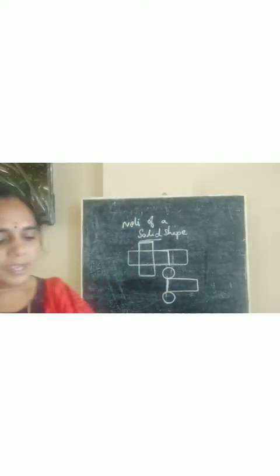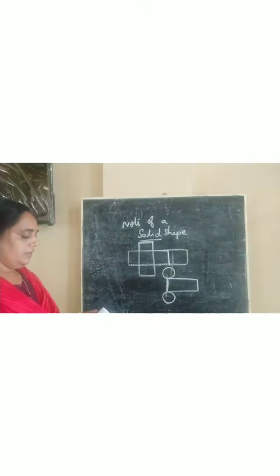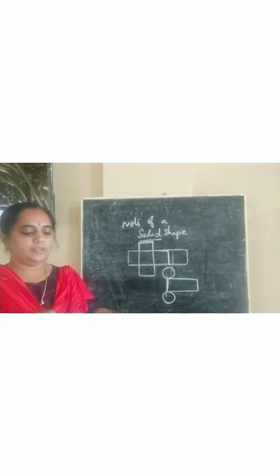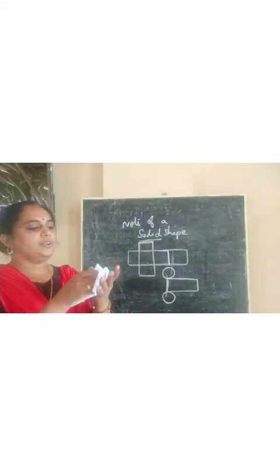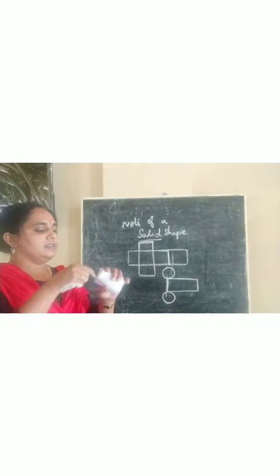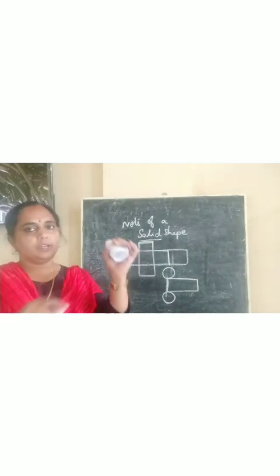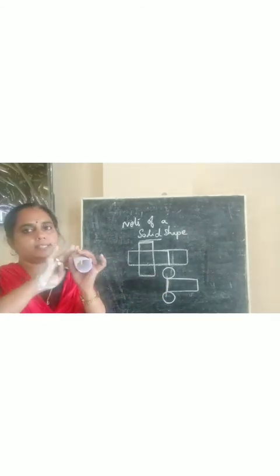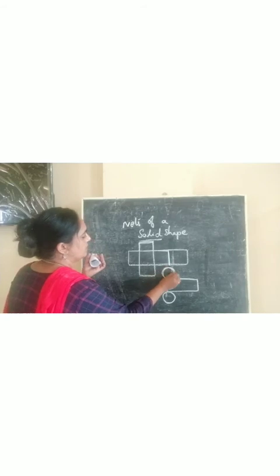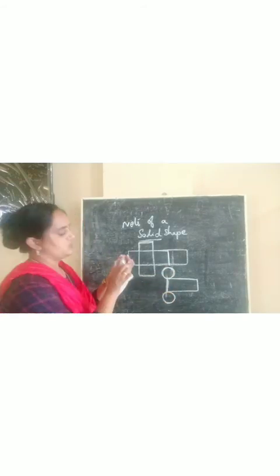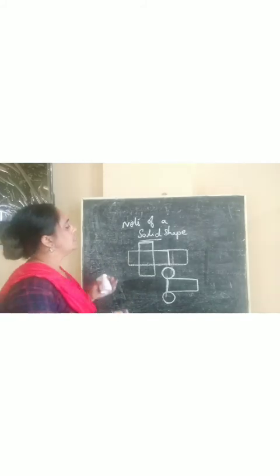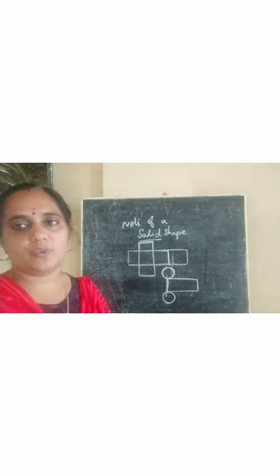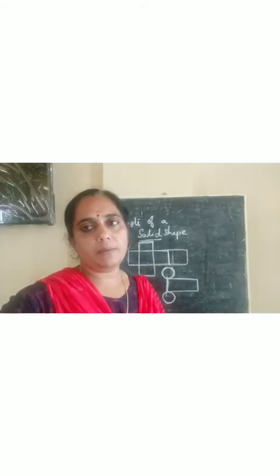By using this paper, we can fold it, and we will get this shape. Then we can close these two sides with these two circles. That is the net of a solid shape. We have to cut it and we can make any shape.